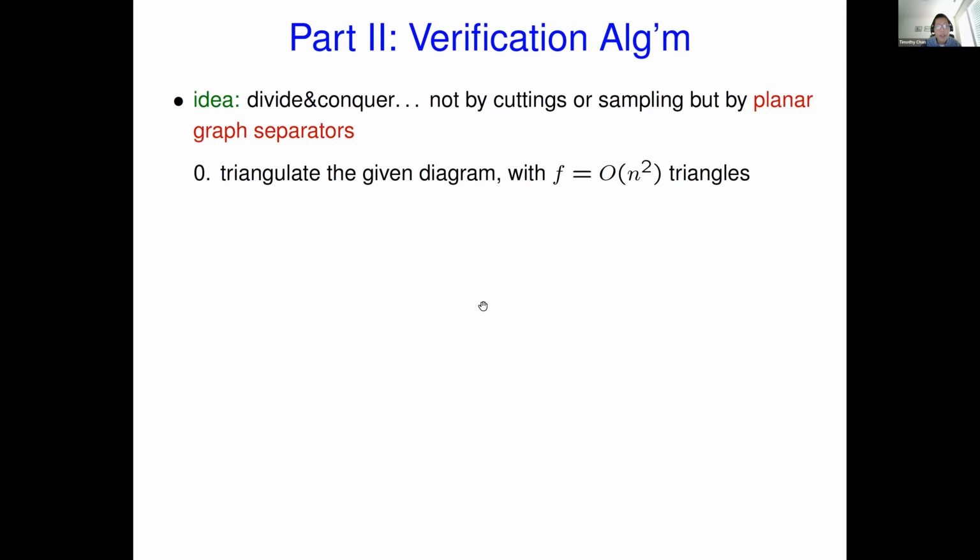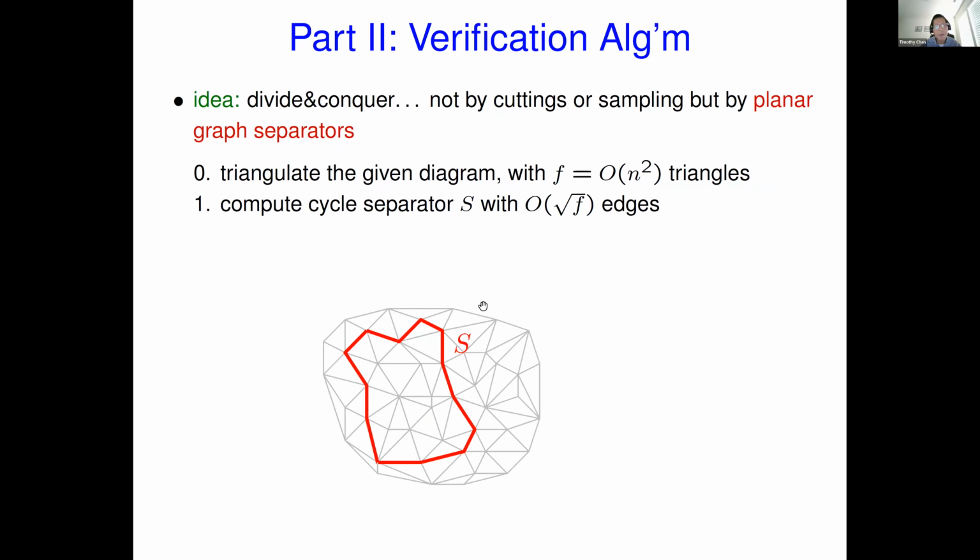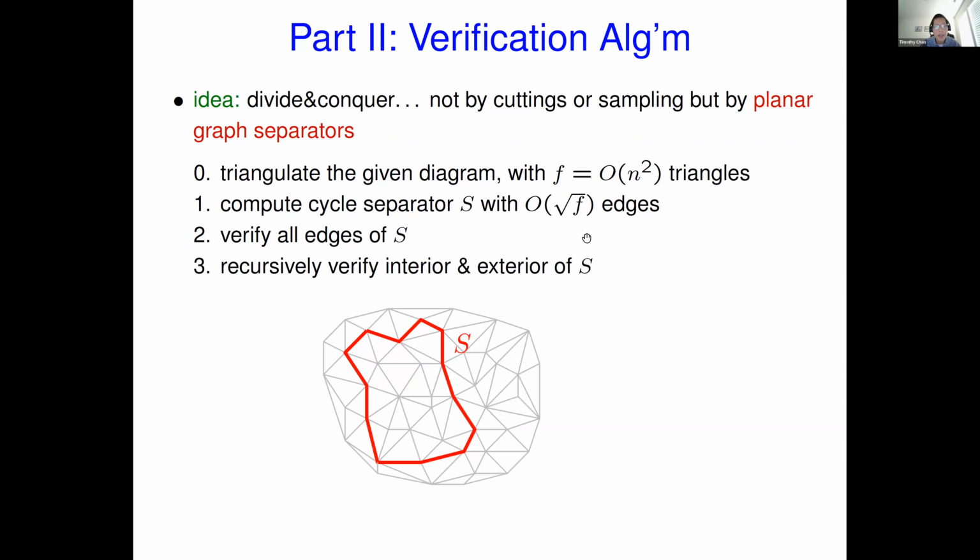Then we're going to apply the planar separator theorem and compute a cycle separator, which has size square root of F. And then you do the natural thing. You first verify all the edges in the separator, and then you just recursively verify the inside and the outside of the separator. Okay, so that's the general approach.